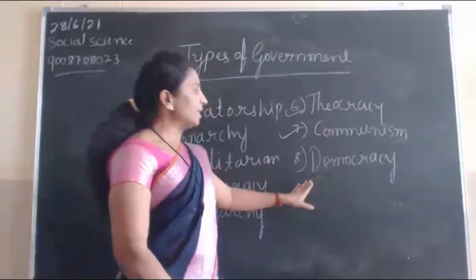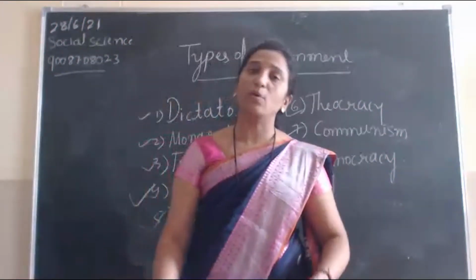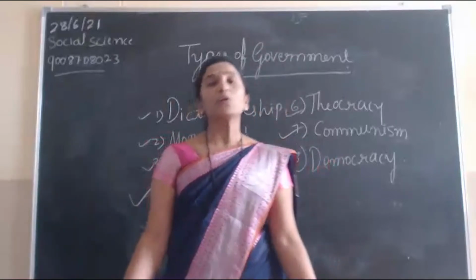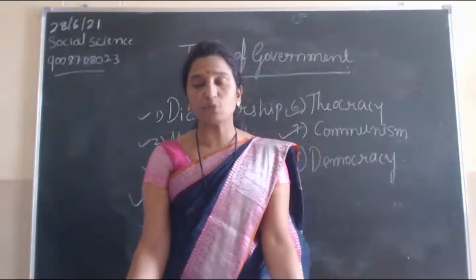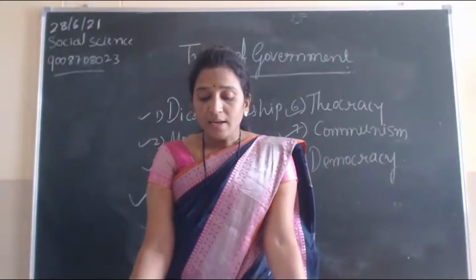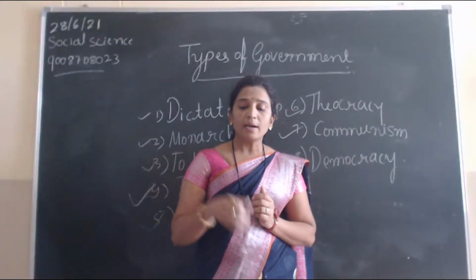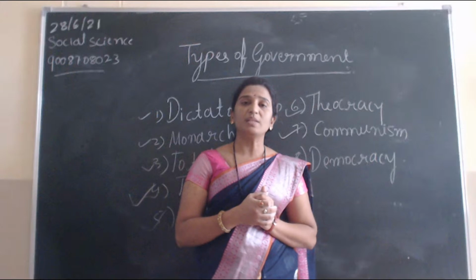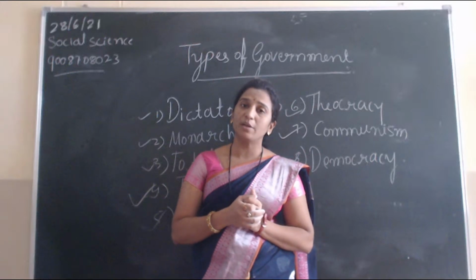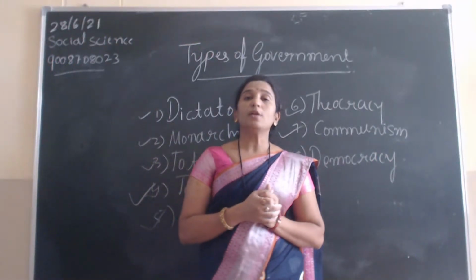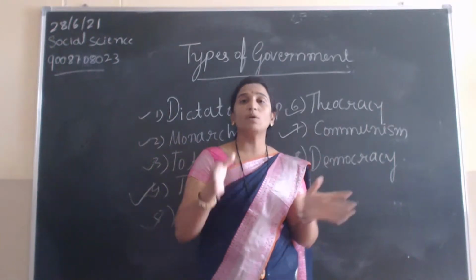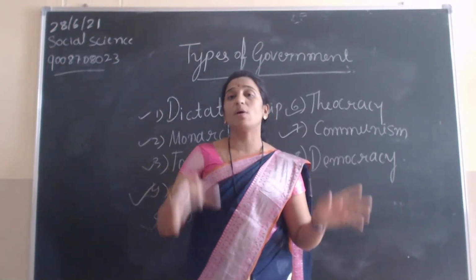Next is democracy. Everybody knows the meaning of democracy. Democracy is a system of government in which people choose their representatives by voting for them in elections. In the elections, we vote for particular persons to lead the nation, distributing the powers among them.